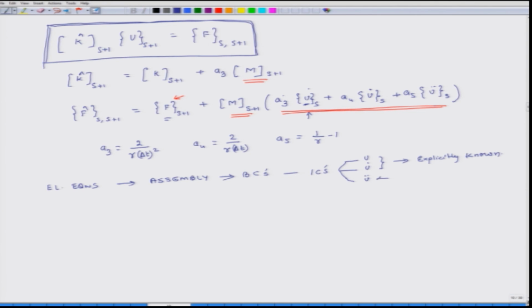This u double dot at the last time step, I can calculate. So, for instance, this is actually calculated at time t equal to 0.